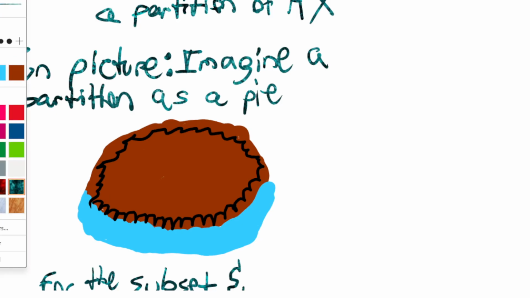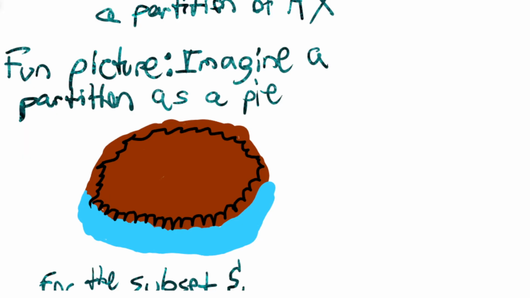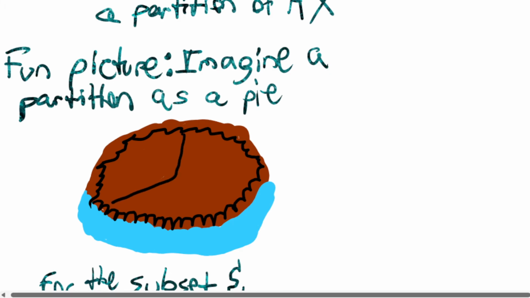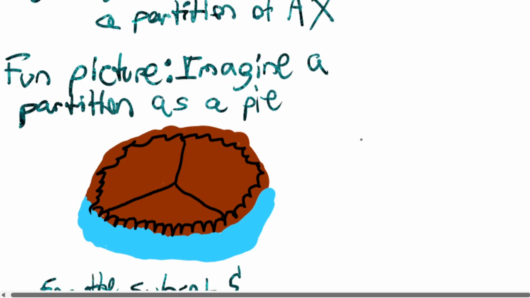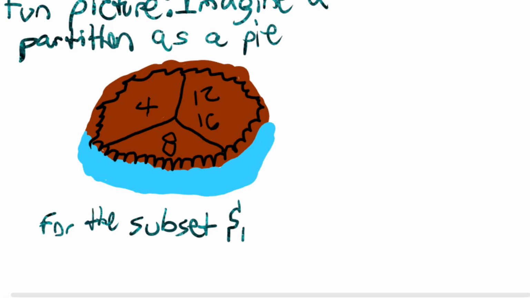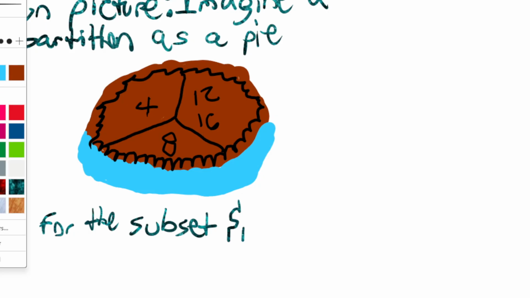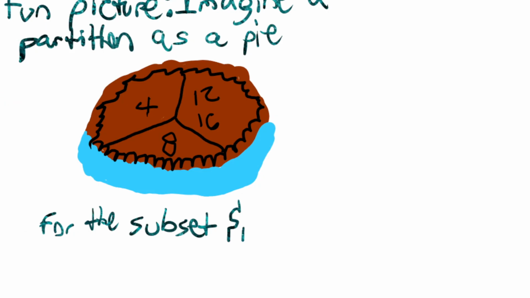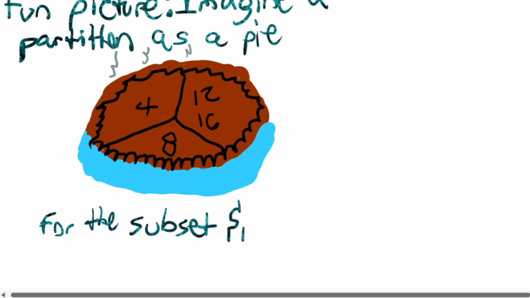So let's get this pen color back, and we will draw, let's try to split this into 3 sections because we have 3 elements. So we have 4, 8, and let's put 12 and 16 in here. Just wanting to color this in some more, so put some little steam coming up, like it's a fresh out of the oven pie that you can smell.